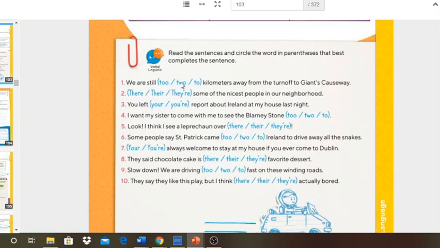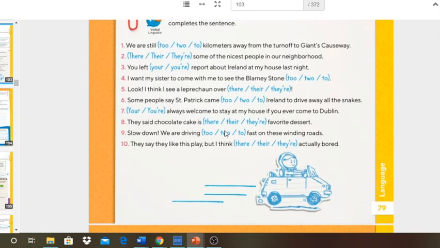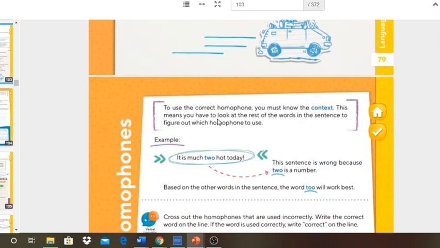We are still 2 kilometers away. Aún seguimos a 2 kilómetros lejos. Complete the rest ones, guys, but read the sentences carefully. Pay attention to each of the sentences, okay? Let's continue. You are going to circle the right answer. ¿Cuál completa mejor la oración?